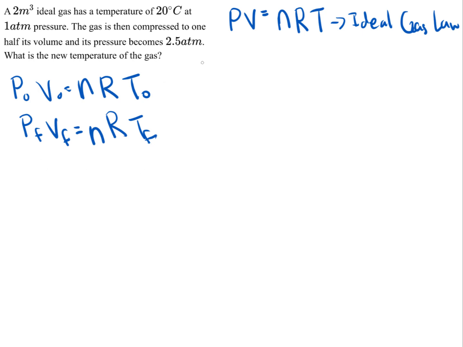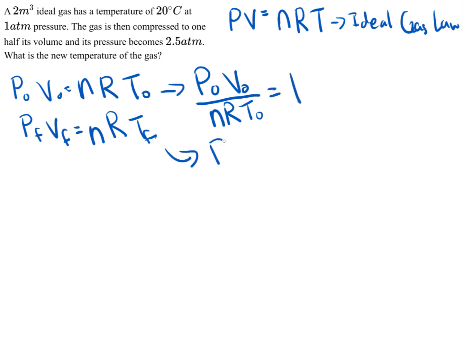So we can rewrite these two equations, saying that the initial pressure times the initial volume over the number of moles times the gas constant times the initial temperature is equal to 1.